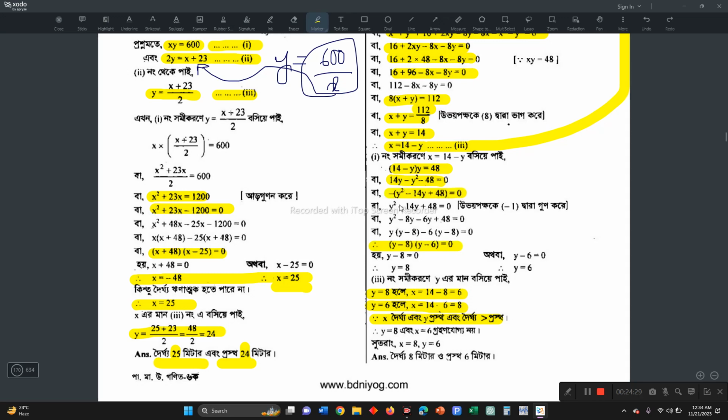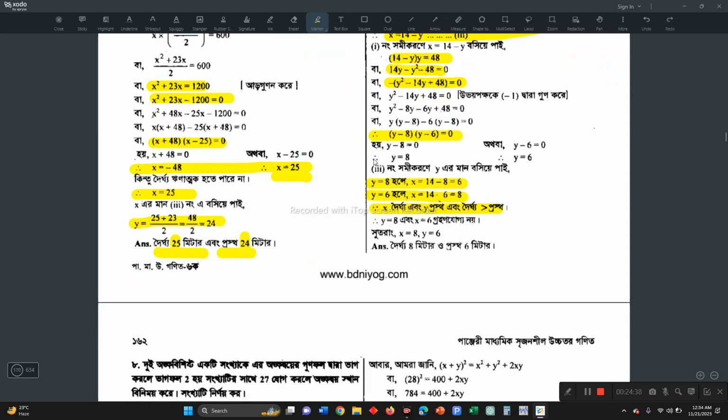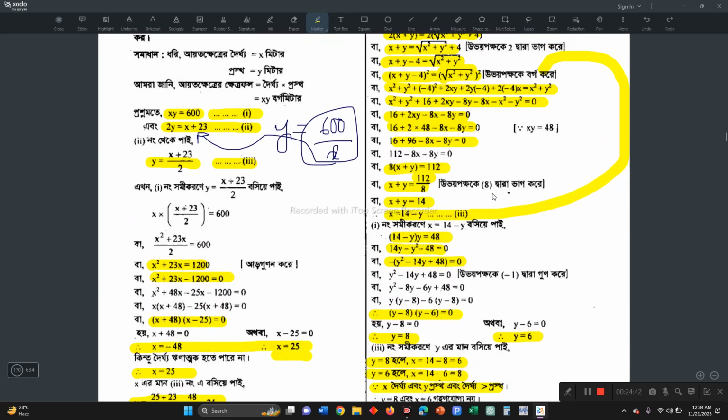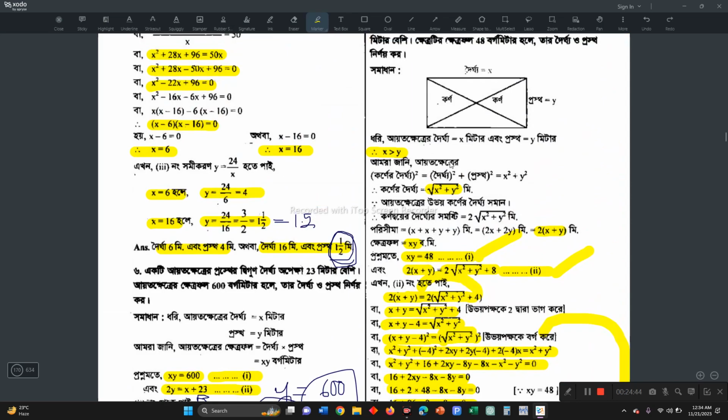So from this quadratic equation, we get (y minus 8) into (y minus 6) is equal to 0, so y is equal to 8 or y is equal to 6. But as we said, the length of the rectangle is x, so y cannot be greater than x.